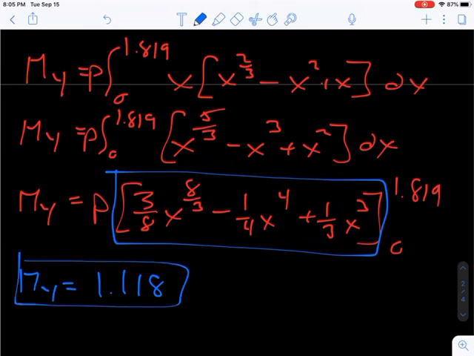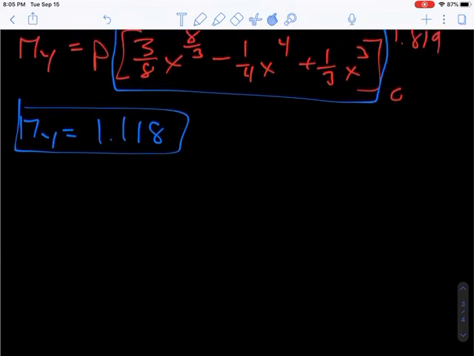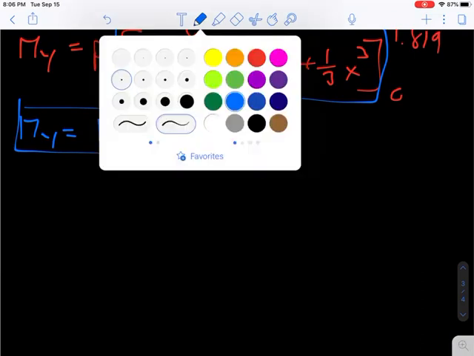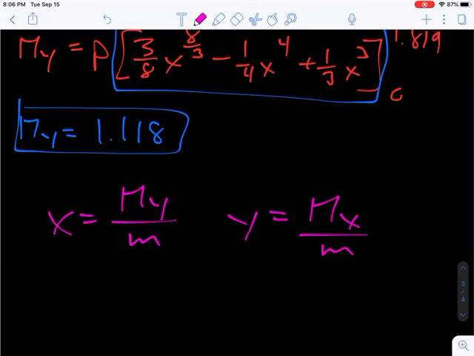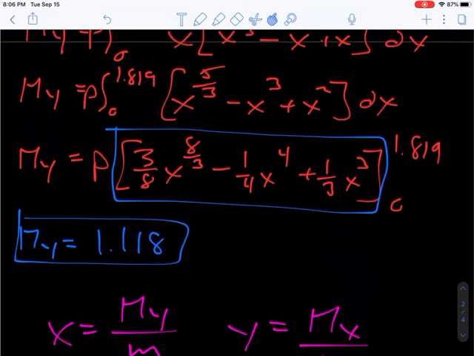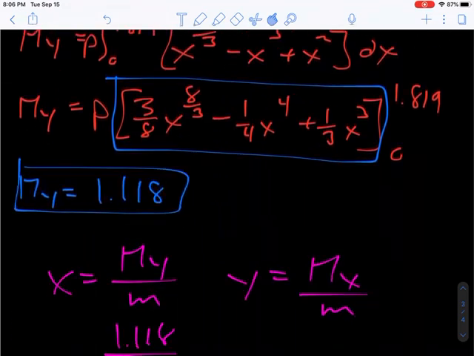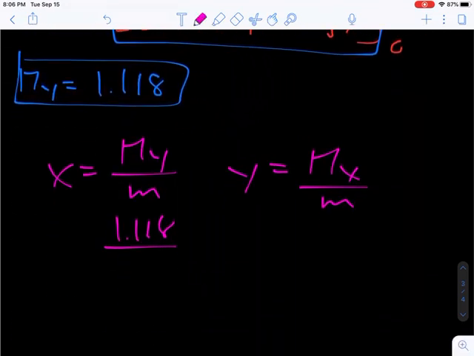And so we now know that x is equal to m sub y over little m, and y is capital M sub x over m. And so m sub y is 1.118. And I have to go back and look at what my other numbers were. We had m sub x is 0.607. This would be y. This would be x.